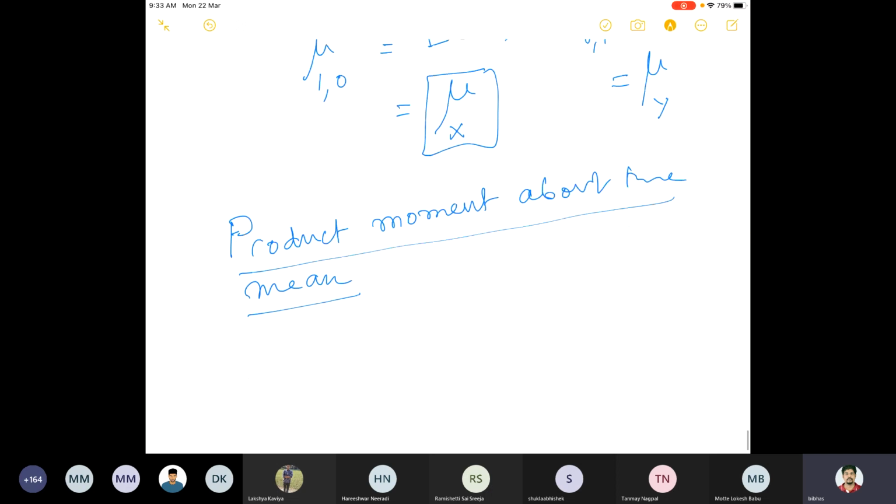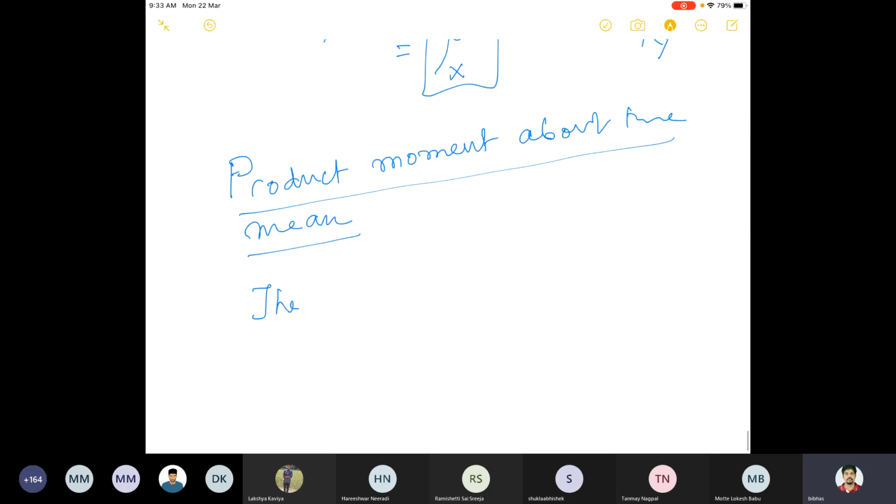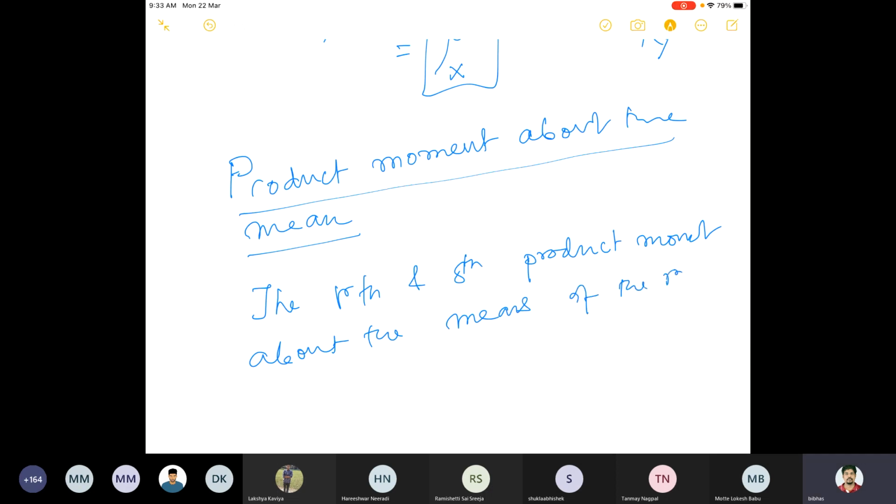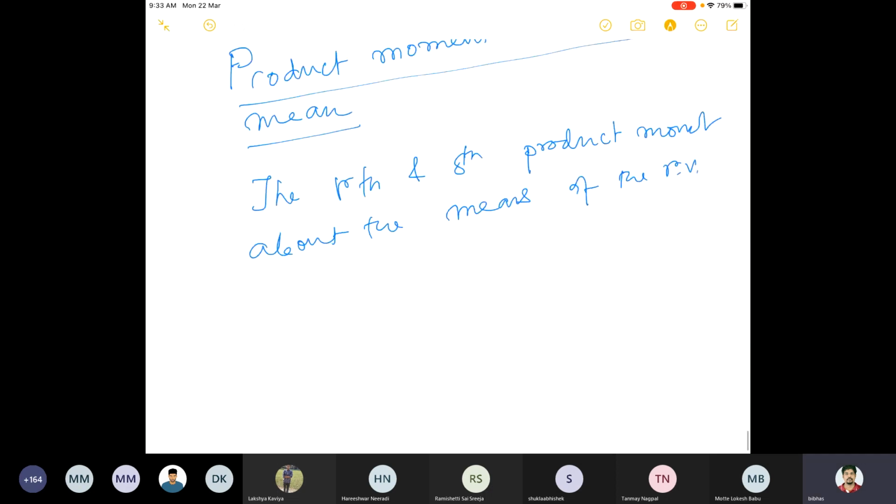So here it is the same thing, only there will be a shift from the origin to the mean. So the rth and sth product moment about the means of the random variables x and y is this.